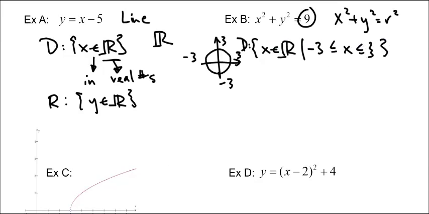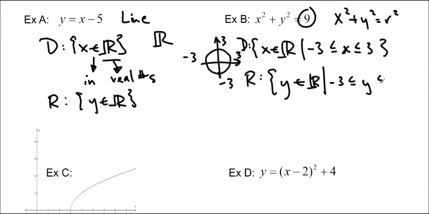Whoops, that's a really ugly 3. I'll redraw it. x is less than or equal to 3, and the range is y in R, such that you can see the lowest we can get to is negative 3, and the highest bound is 3, so it's the same. Negative 3 less than or equal to y is less than or equal to 3.